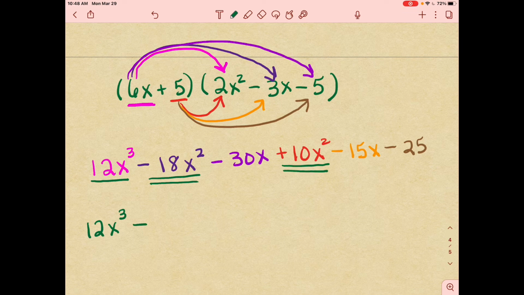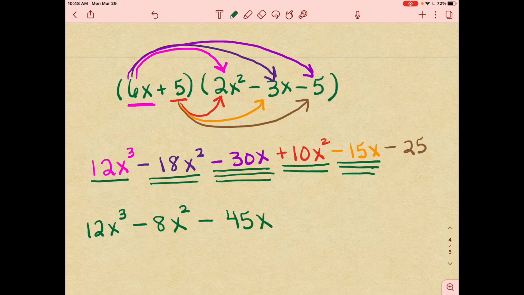That gives me a negative 8, and that was x squared. So remember, we're just combining like terms now. And then I find this negative 30x can combine with the negative 15x, negative 30x, negative 15x. That will be negative 45x. And then negative 25 is out here all alone like that.